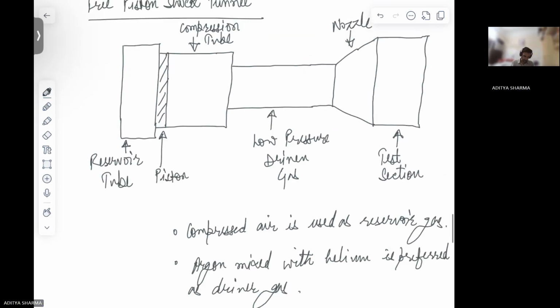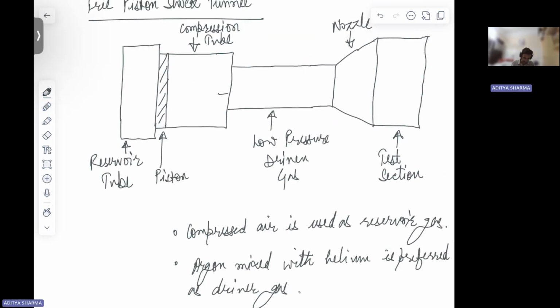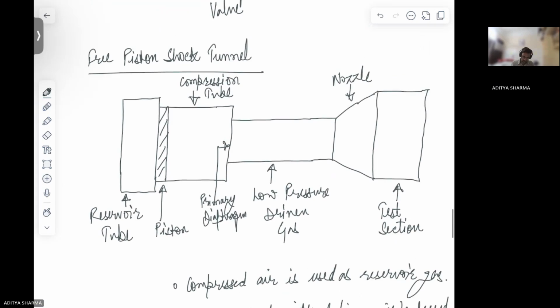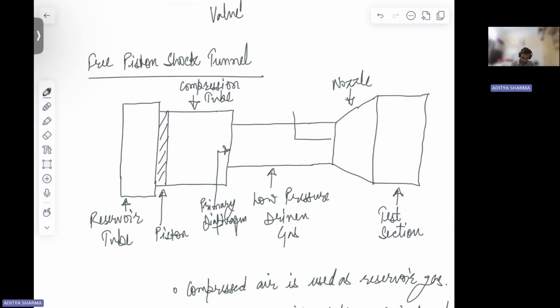So here you are going to have your primary diaphragm, first diaphragm. Then here you are going to have your secondary diaphragm.